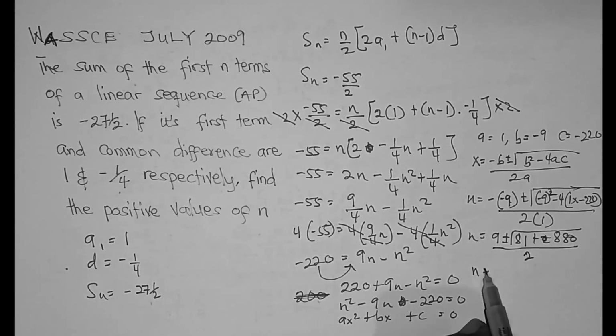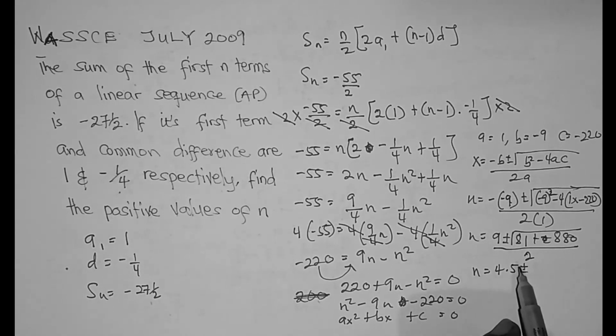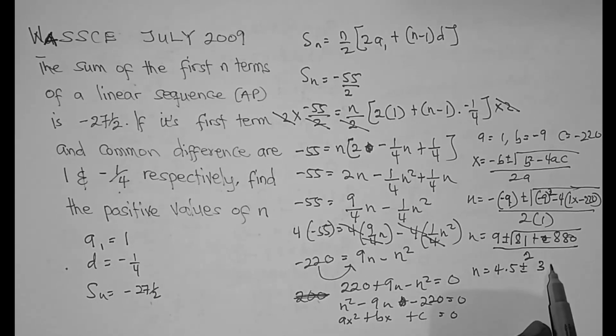So n is equal to 9 divided by 2 is 4.5 plus or minus square root of 81 plus 880 is equal to 31 divided by 2.